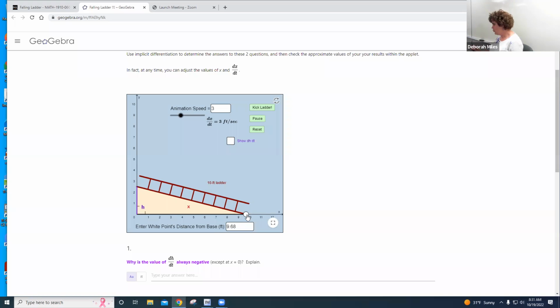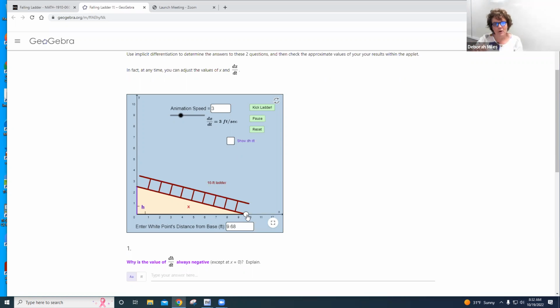Pay attention to whether a distance is increasing or decreasing, and make sure you include that in your rate. dx over dt is getting bigger because the bottom of the ladder is getting farther from the wall. dx over dt has to be positive. But if the height of the ladder is decreasing, then dy over dt is negative. All right, so make sure you're watching out for that.